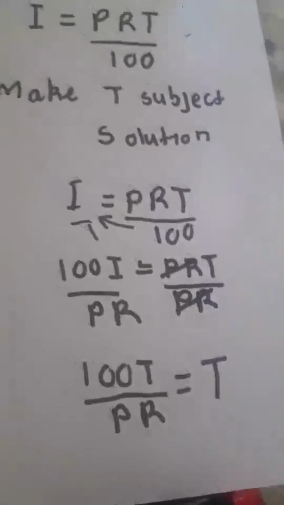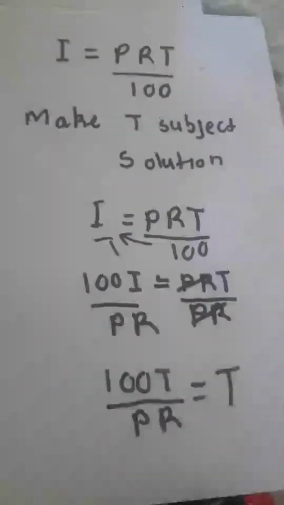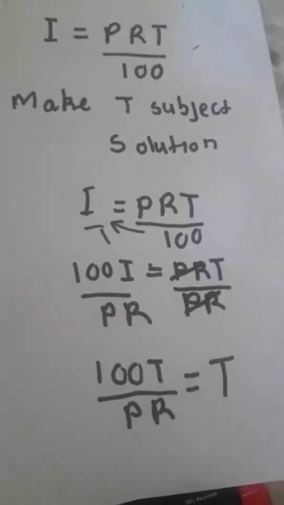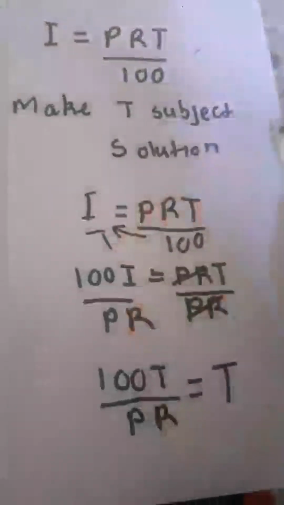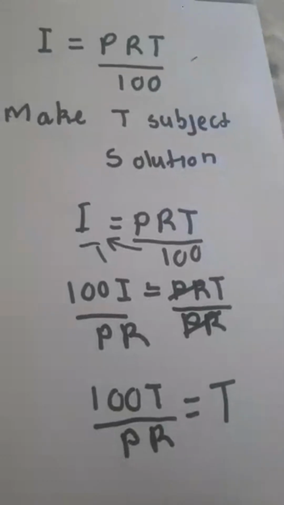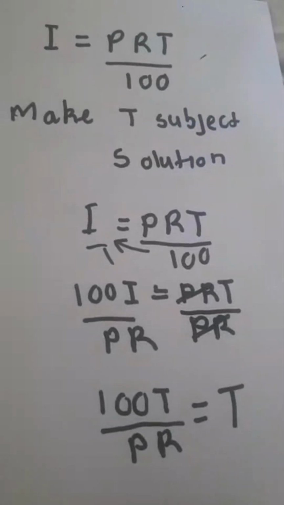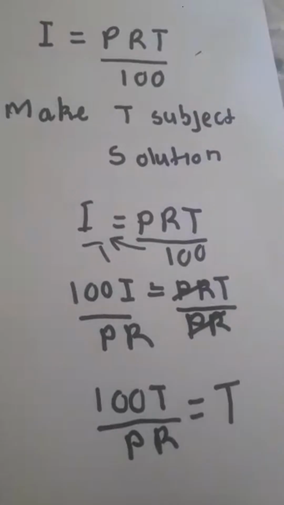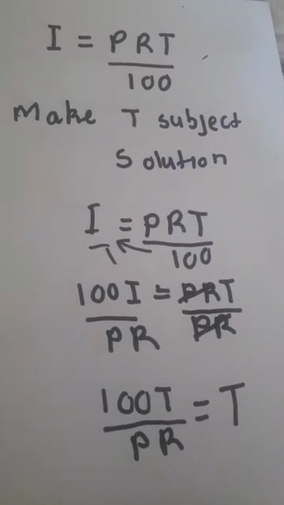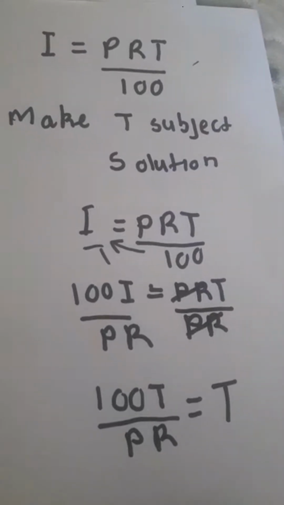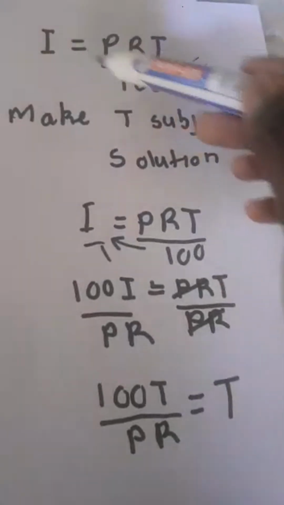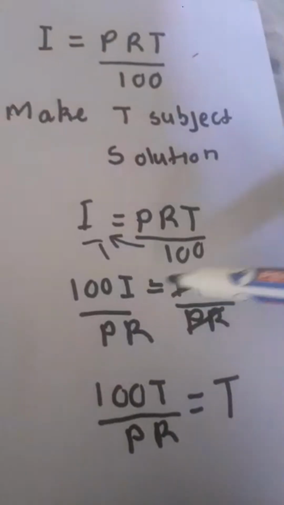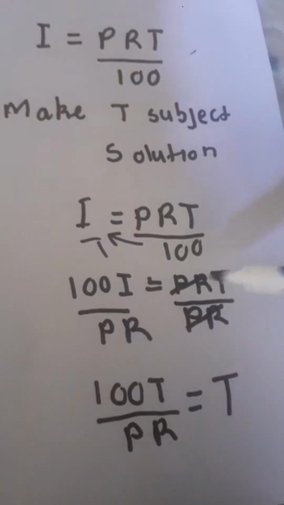We are doing subject of the formula, which means leaving your answer. Let's say we are asked to find T, the subject of the formula, as it is written here. Make T the subject of the formula. What we should do is to leave T alone on one side. So we cross multiply I and 100 to get 100I is equal to PRT.